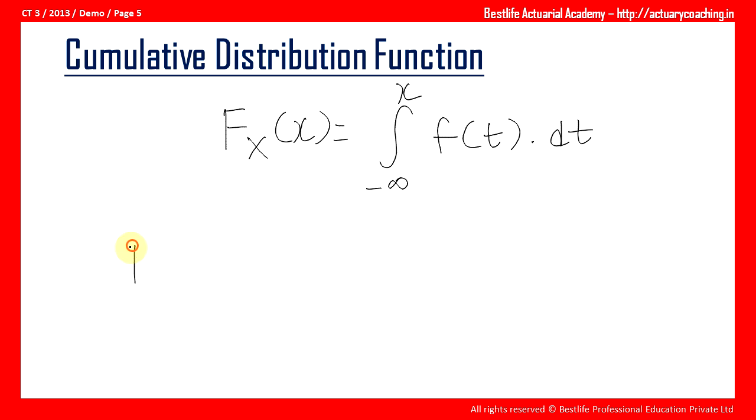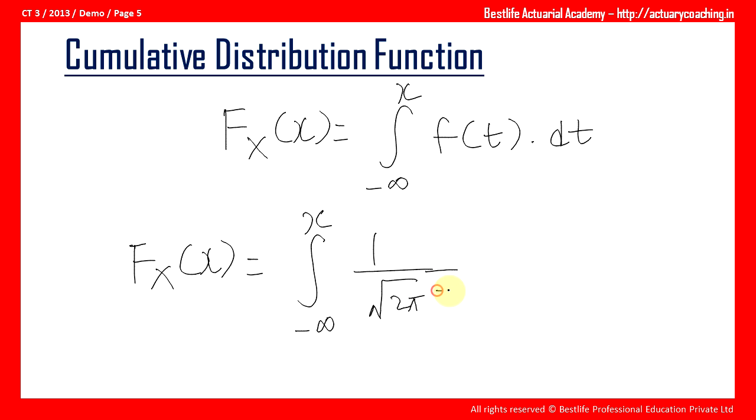Now, it's not an easy distribution to calculate because of the complex nature of the density function, which would be written as the integral from minus infinity to x of 1 divided by root 2 pi sigma into e to the power minus 1 by 2 (t minus mu divided by sigma) whole square.